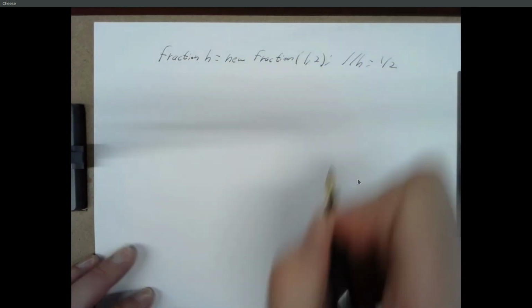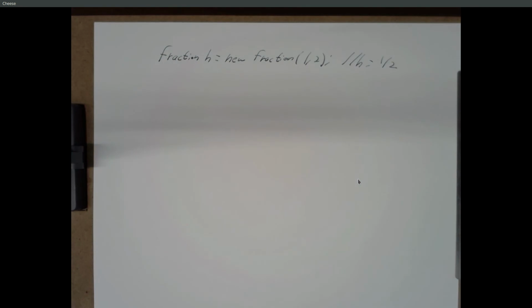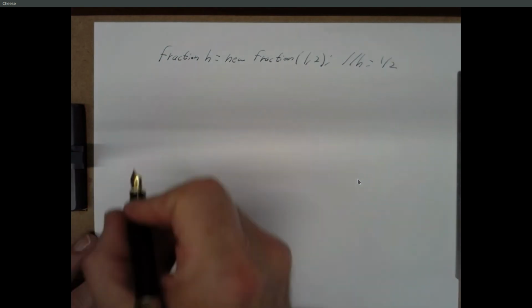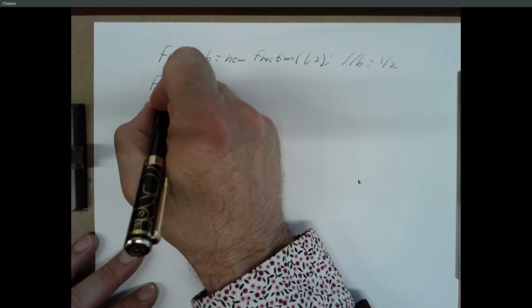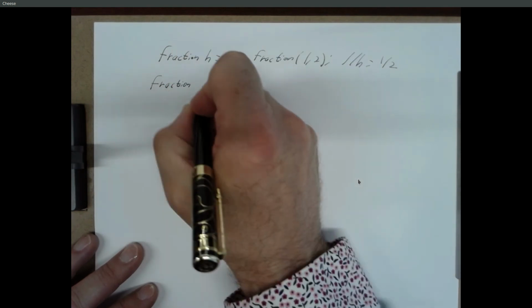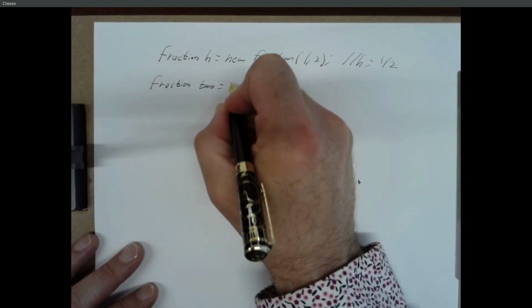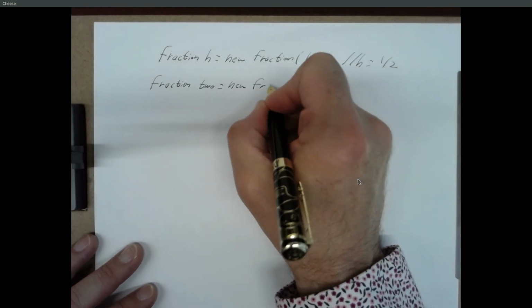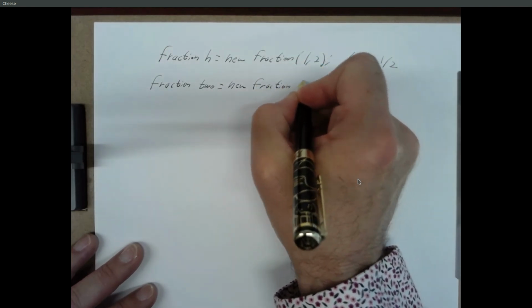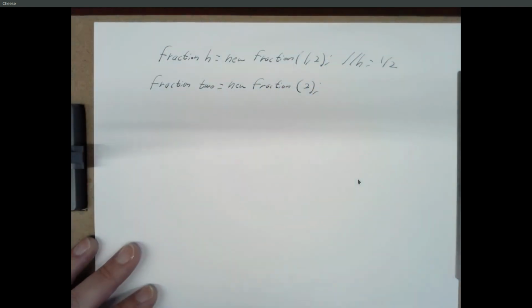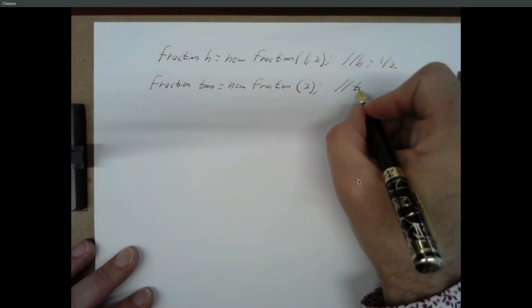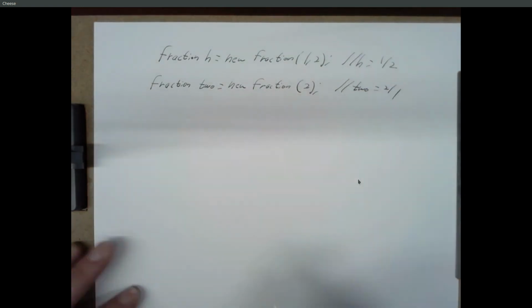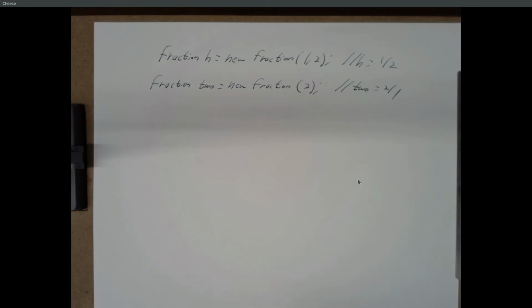So h should be the fraction 1/2. Fraction, I'll call it 2, equals new fraction 2. So 2 is the fraction 2 over 1.